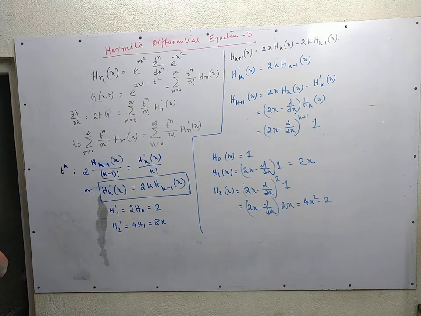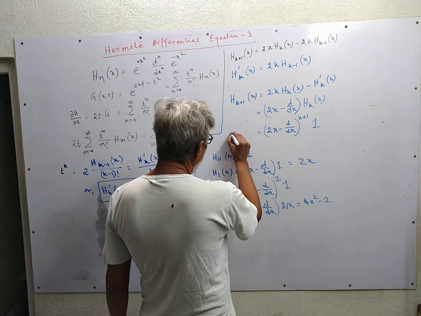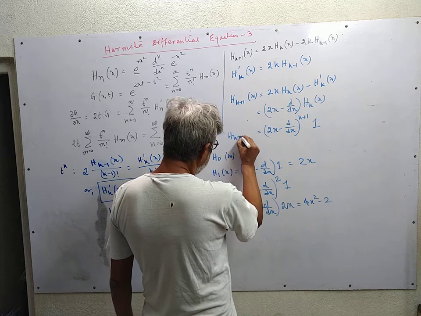So this is another Rodrigues type formula for Hermite polynomial.